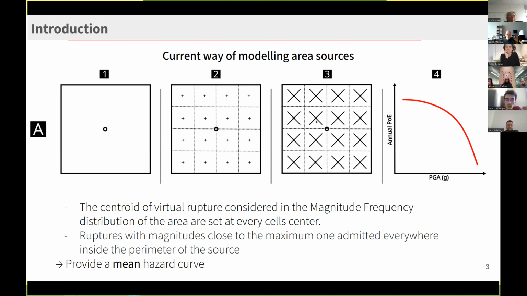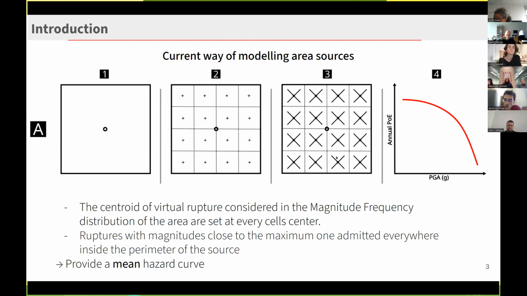And because we don't know the position and the orientation of the fault, it will set different possible orientations in this area, and it will set all the faults at every center of the cell.